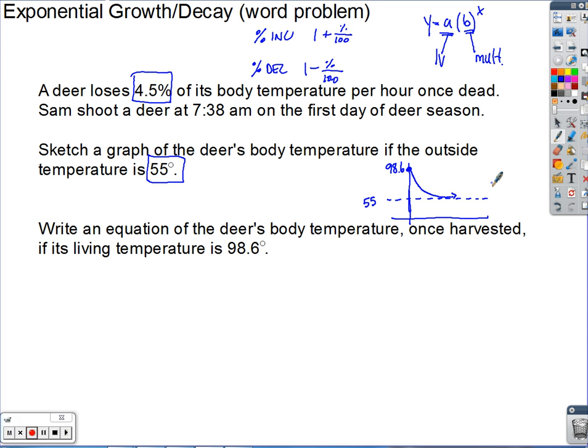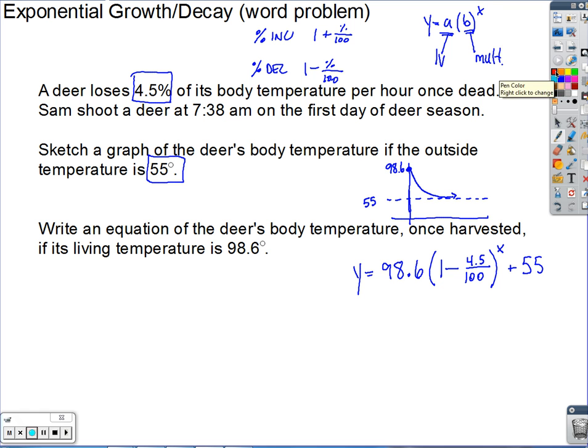If I were to write an equation of the deer's body temperature once harvested, if its living temperature is 98.6, I would write y equals 98.6. And then again, that multiplier is 1 minus 4.5 divided by 100 to the x power, and then plus 55, because it's never going to go below 55 degrees.